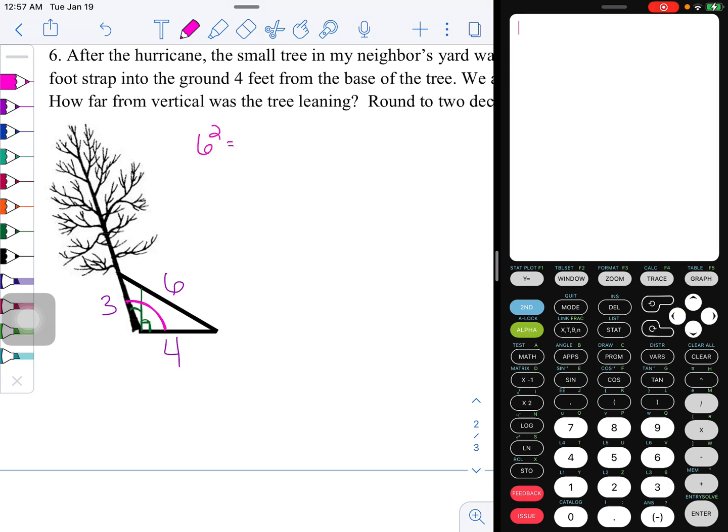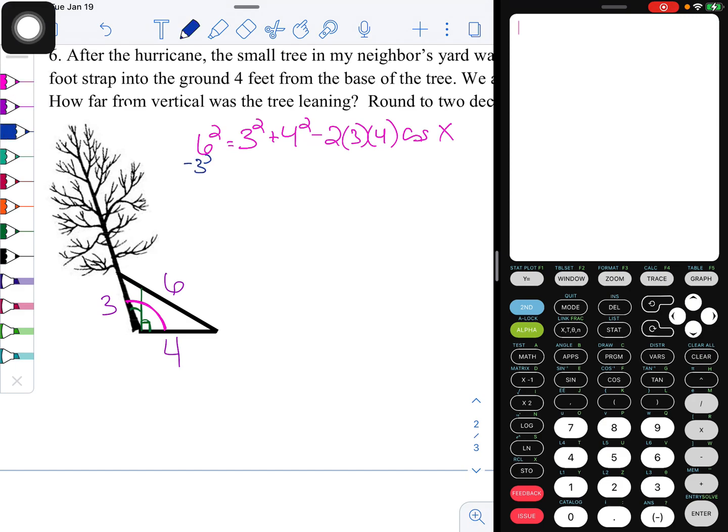So 6 squared is equal to 3 squared plus 4 squared, because you're going to use both of them, minus 2 times 3 times 4 cosine of x. I'm going to use that x to represent this angle I don't know. Let's do a little subtraction here: I'm going to subtract 3 squared and subtract 4 squared.